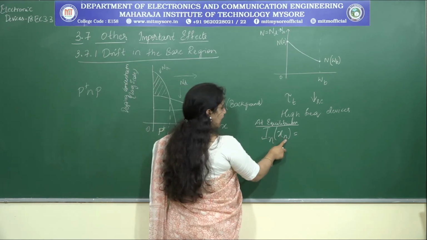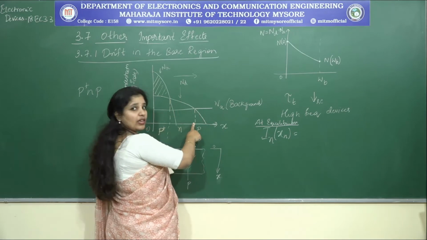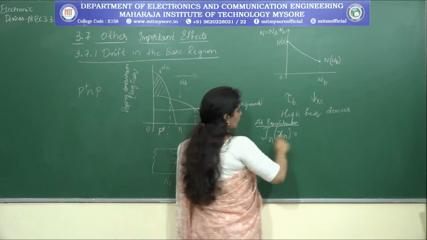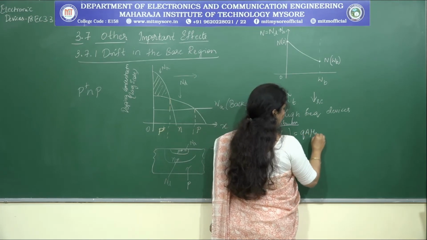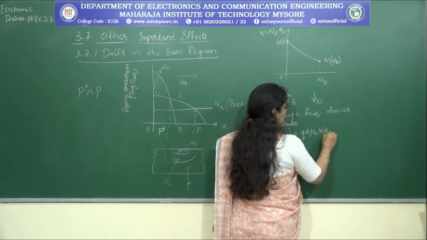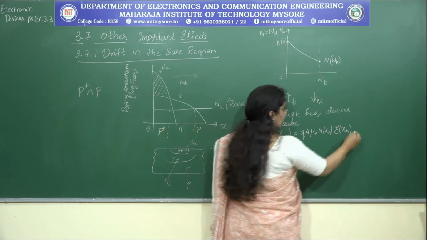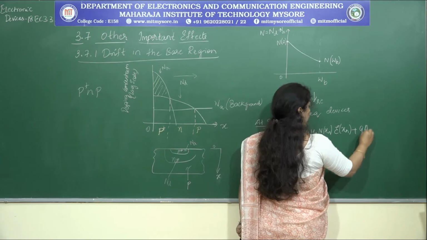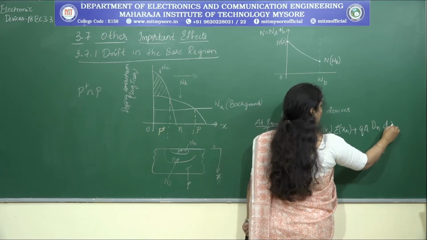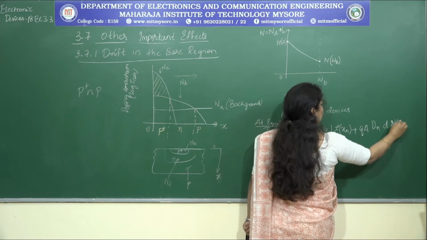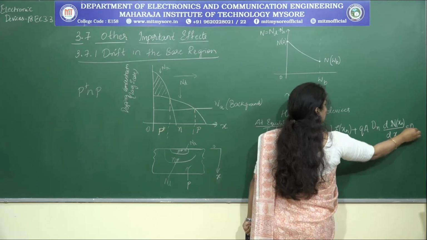So, at any point n across this x, at any point n in this region, if I try to measure, the current that I can see is given as q into A into mu n into n(xn) into E of xn plus q into A into Dn into d of n(xn) divided by dxn is equal to 0.